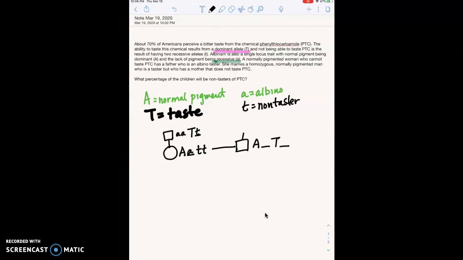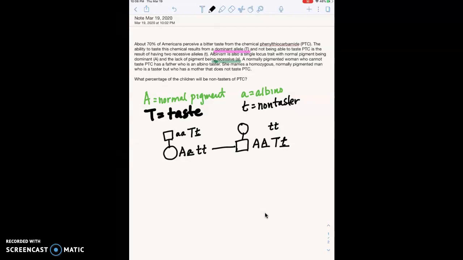We know that he has a mother who does not taste PTC, so she must have been little t, little t. Okay, so again, that piece of information is just to tell you about the guy. So he was big T, little t. He's homozygous pigmented. So sorry. So he's homozygous pigmented. All right.